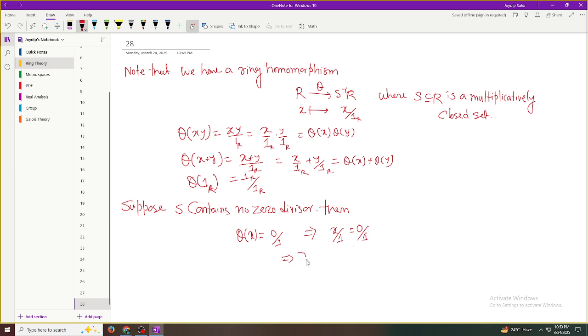So there exists s belonging to S such that s times x dot 1 minus 1 dot 0 equals 0, that means sx equals 0. Contradiction. I should write this implies x equals 0, as S contains no zero divisor.